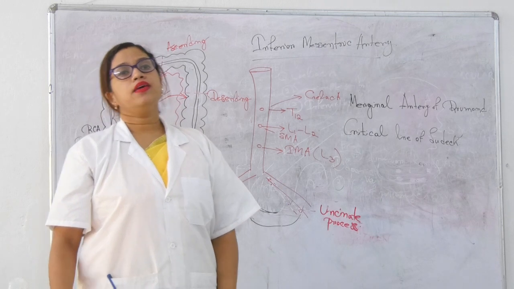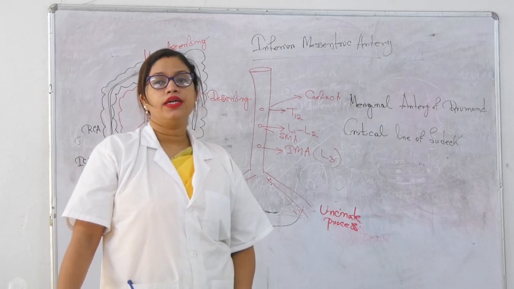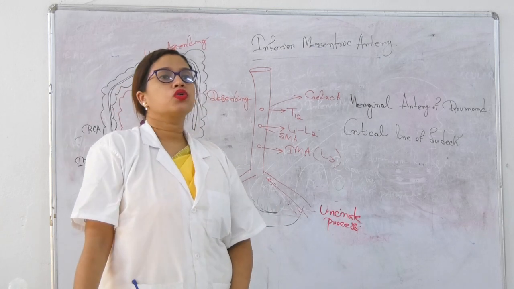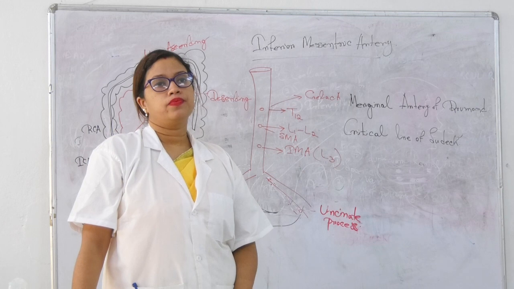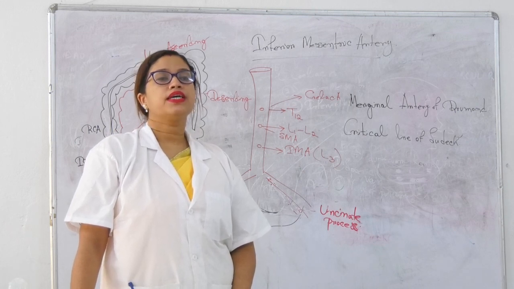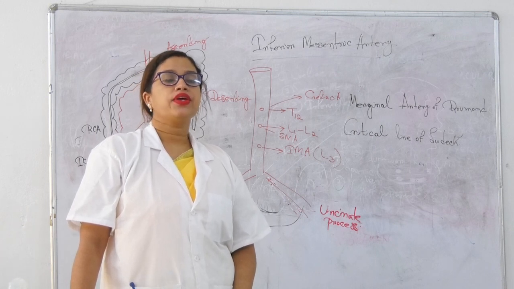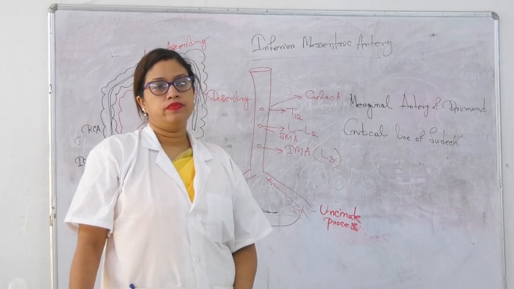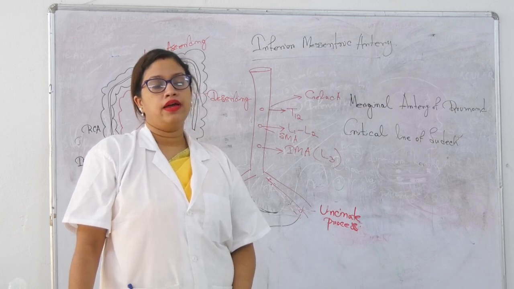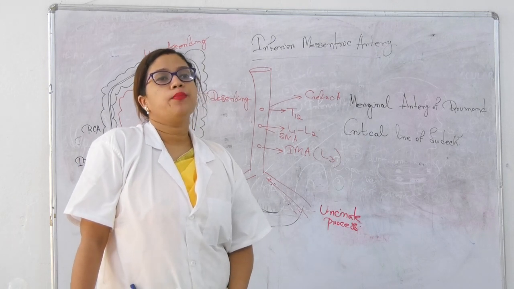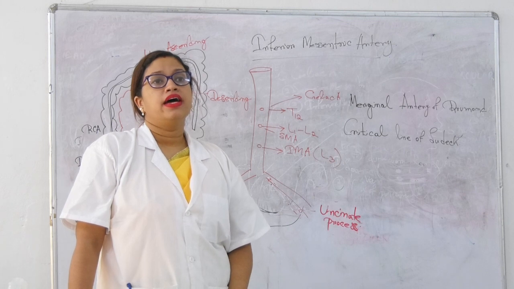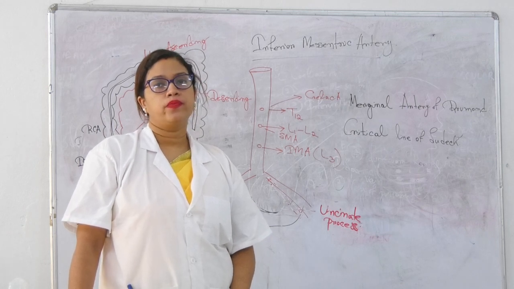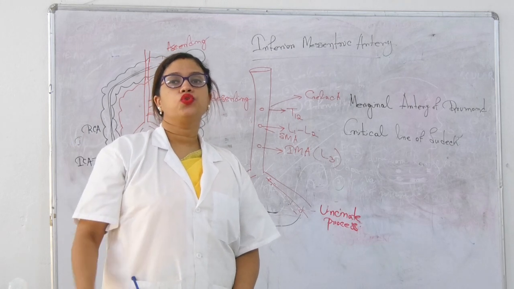Write it down. These are the numerous colic branches which are from superior mesenteric artery and inferior mesenteric artery, which will make successive chain of arteries throughout the whole colon.